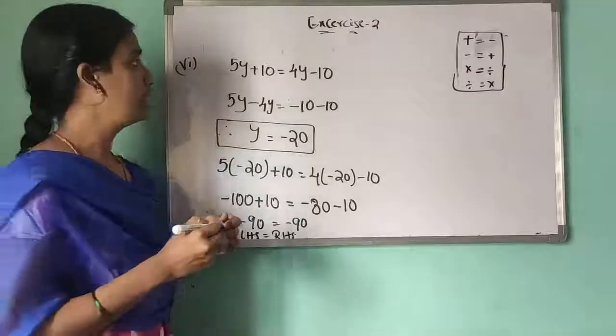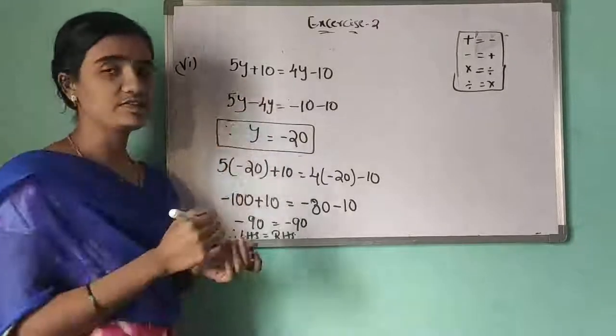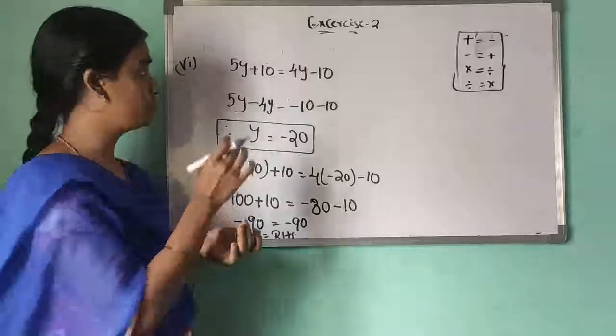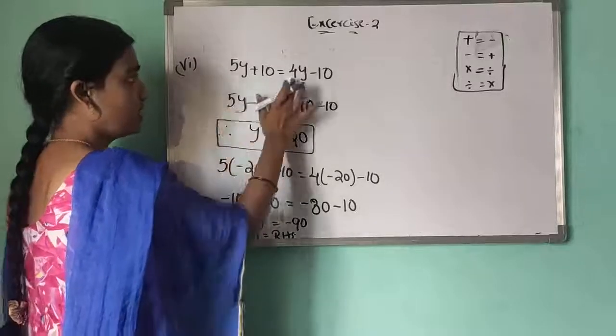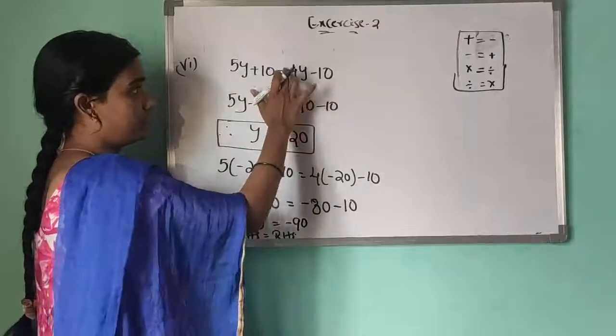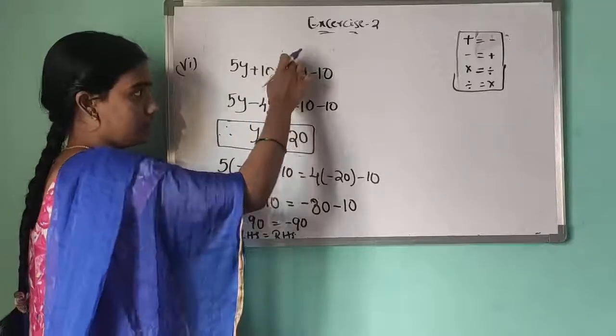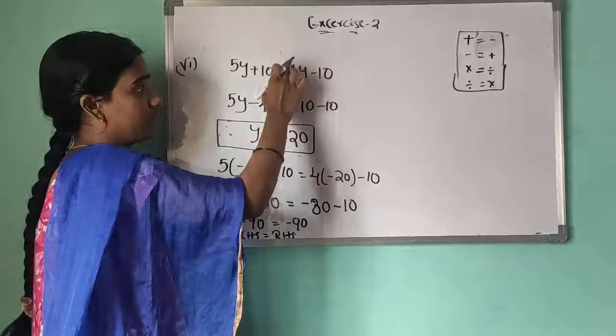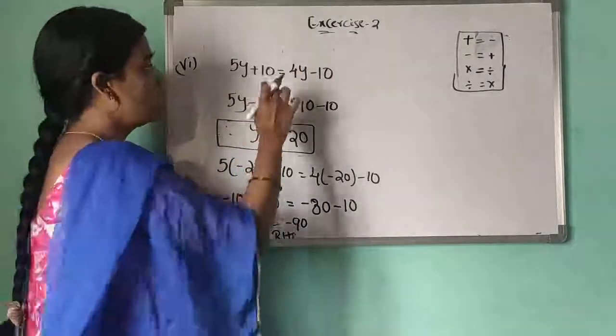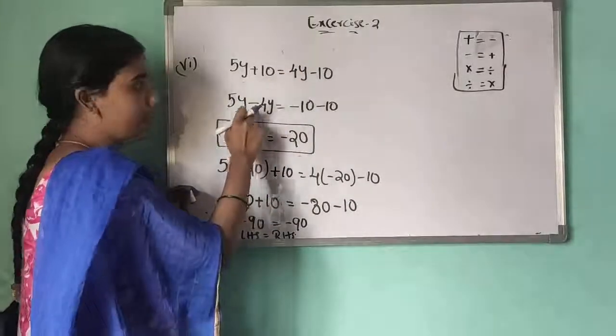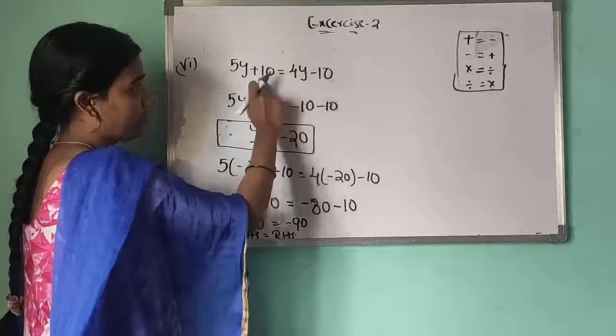See, here I am writing the y values on one side, and the remaining numbers on one side. So, 5y as it is. Here 4y. If we did not assign any sign in front of the given number, we can assign positive, that means addition. So it becomes negative. Minus 10. Plus 10 is there.